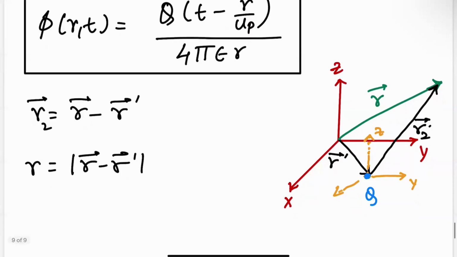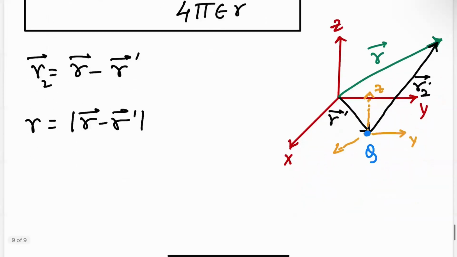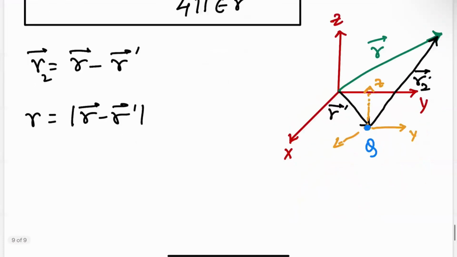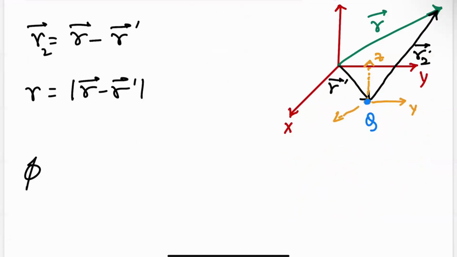So given some R prime, I can find R for that R prime as R minus R prime in vectors.